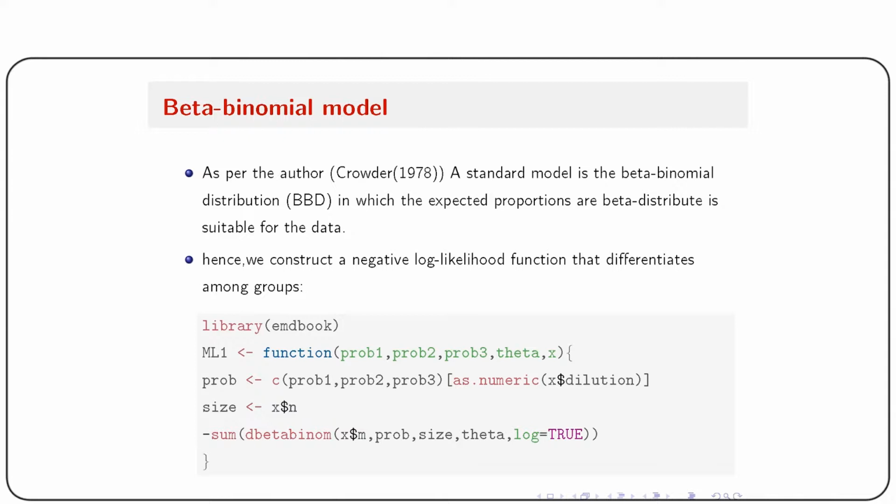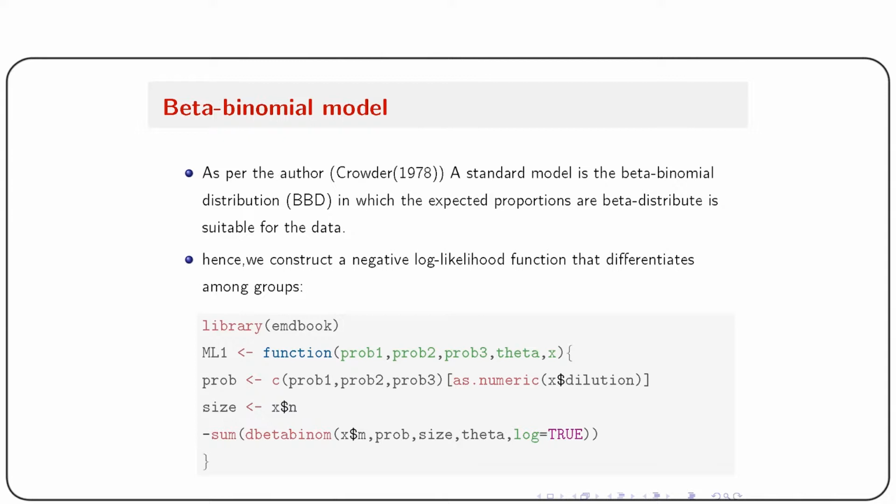Say, load the library emdbook, where you will get the function for the beta binomial distribution. So ml1 is a function of prob1, prob2, prob3, theta and x, and then prob equals c(prob1, prob2, prob3) as.numeric(x$dilution), and size equals x$n, and then minus sum dbetabinom(x$m, probability prob, size, theta, and log).